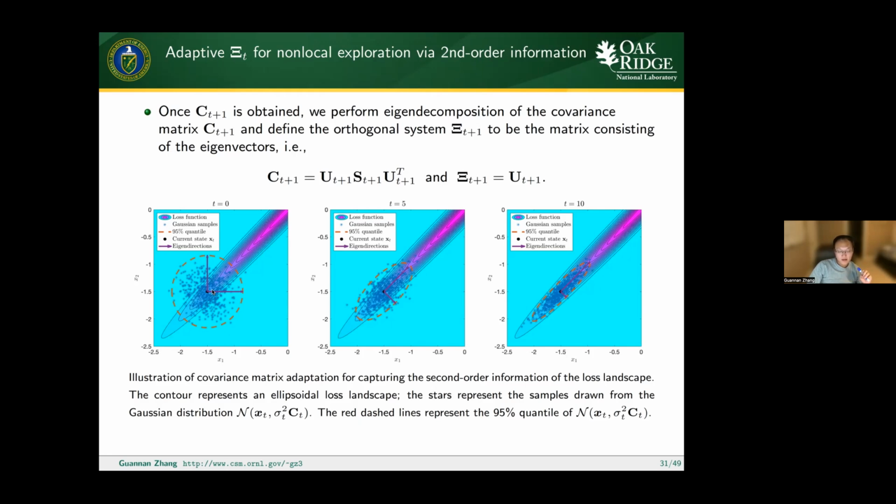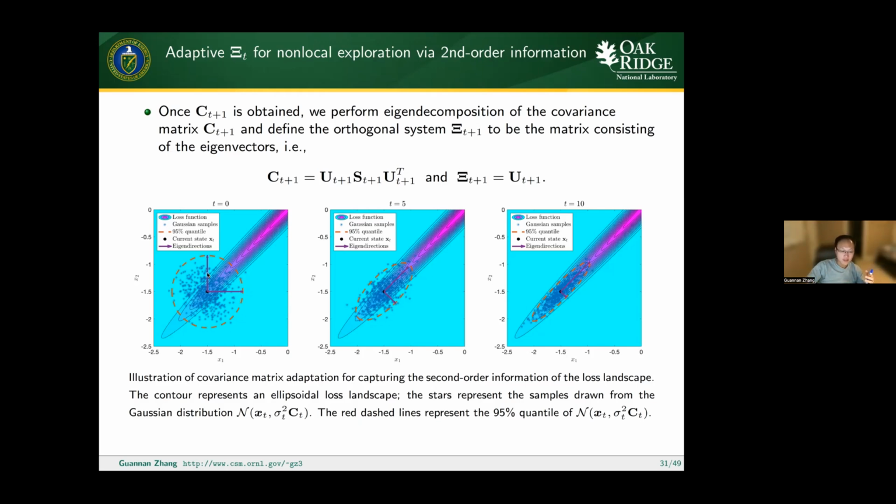You only pick, for example, the top 50% of good samples, and use them to compute a sample covariance matrix. Then the sample covariance matrix is used to draw more Gaussian samples.